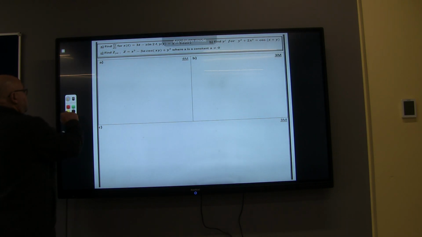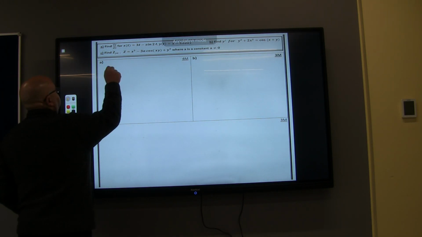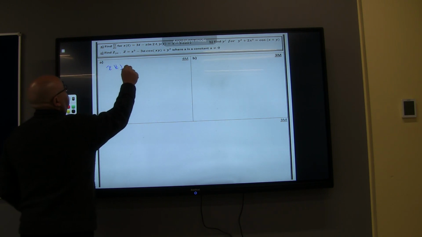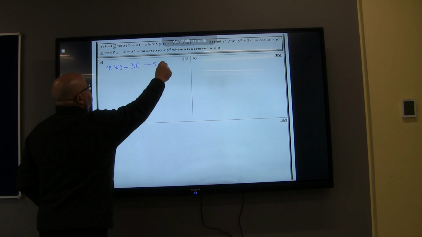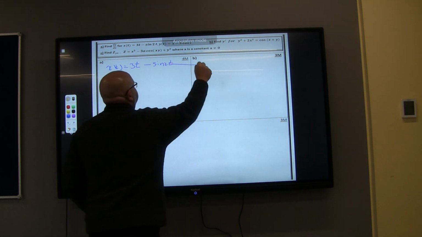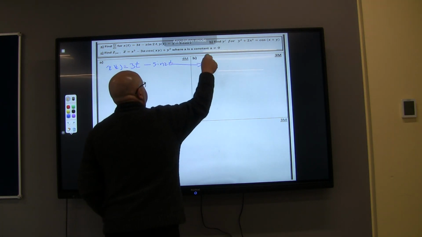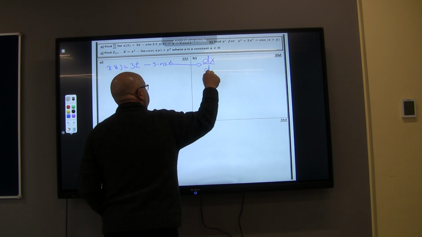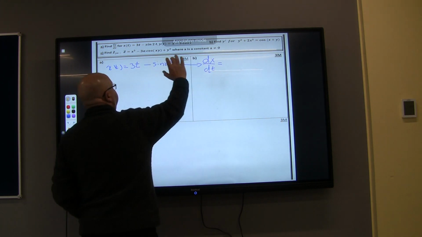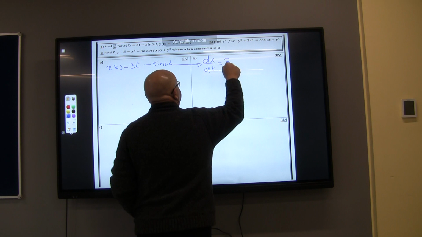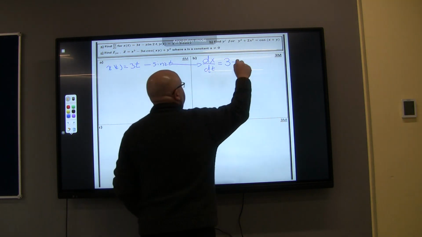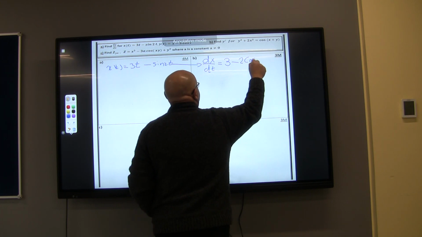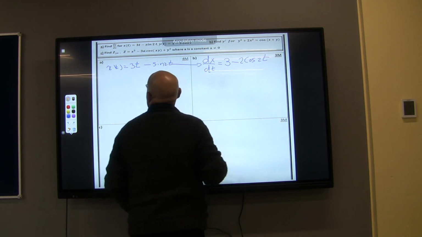He's given you x as a function of t, which is equal to 3t minus sin 2t. From this function, I can easily get dx by dt, start differentiating, which is going to be 3 minus the derivative of sin 2t, which is 2 times cosine 2t.